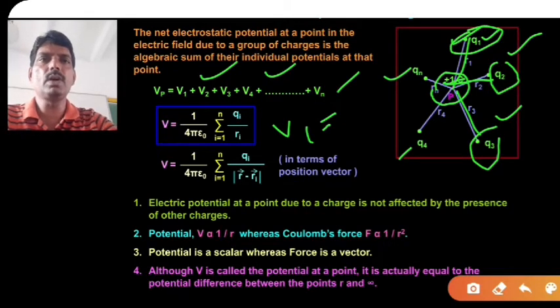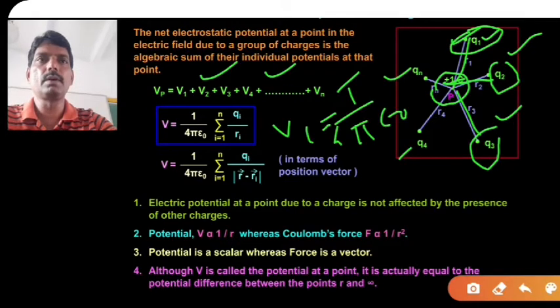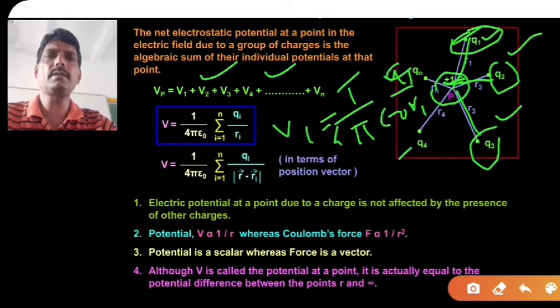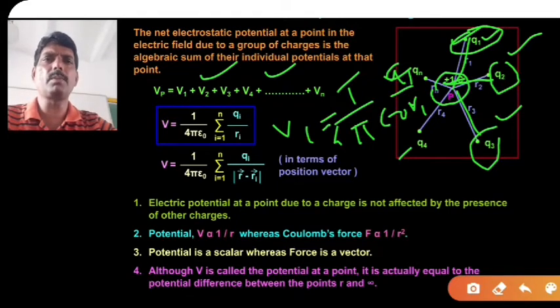So I will get 1 upon 4 pi epsilon naught Q1 upon R1, where R1 is the distance from that particular point. Similarly, you get V2 is equal to 1 upon 4 pi epsilon naught Q2 upon R2. In the same way, Vn is equal to 1 upon 4 pi epsilon naught Qn upon Rn.